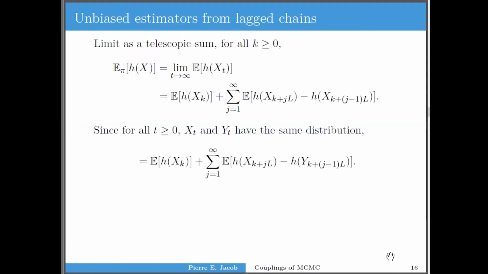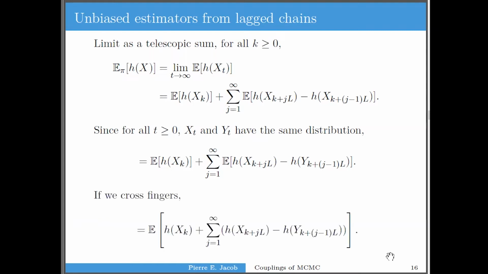So it's a telescopic sum. Now, using the fact that X_t and Y_t have the same distribution at time t, any expectation with respect to some X_t, you can replace by an expectation with respect to some Y at the same time t. So now you see appearing in the expression a difference between X and Y, but with this lag. And of course, that's why we created the two chains with this lag. So that now if they meet, we can hope that we can swap the limit and the expectation and obtain thus an expectation of an infinite sum equal to our original expectation of interest.